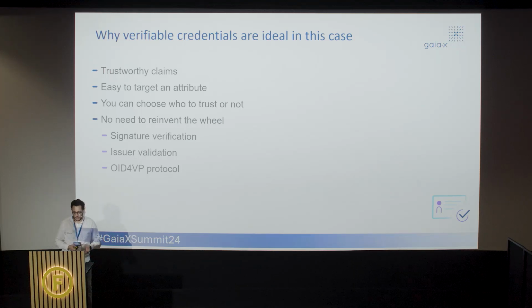So that's actually the advantage of the decentralized model. No need to reinvent the wheel. We already saw everything that, for example, was in the OpenID presentation by Vincent, which states all these technicalities and protocol for verifiable credentials and how, of course, to verify the signatures, issuers, and so on. That's already defined. No need to do it again.